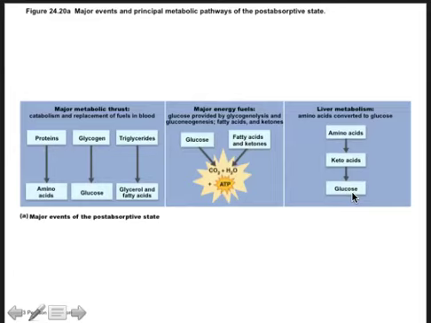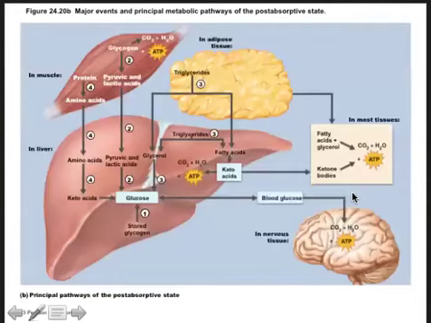And then what's the glucose used for? It's used for energy. So this is just showing you some of the different pathways that lead ultimately to an adequate supply of nutrients between meals using the appropriate fuel source. The nervous system, for instance, primarily feeds off of glucose.